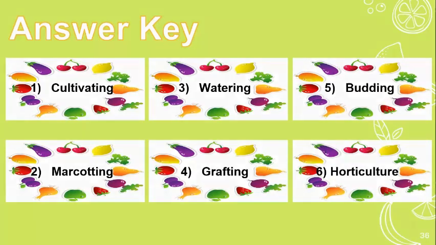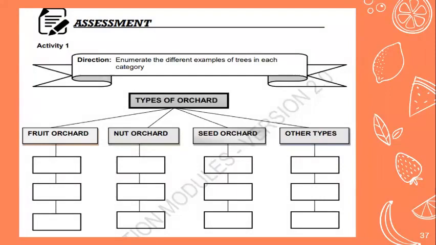Very good. So now, let's have your assessment. You are going to enumerate the different examples of trees in each category. You have the types of orchard, so you are going to complete the diagram.